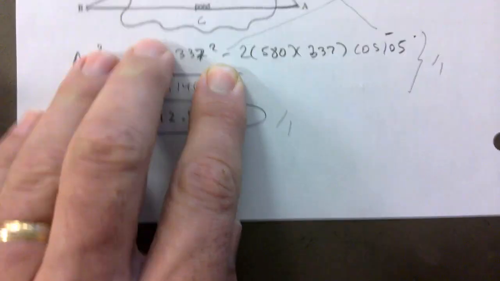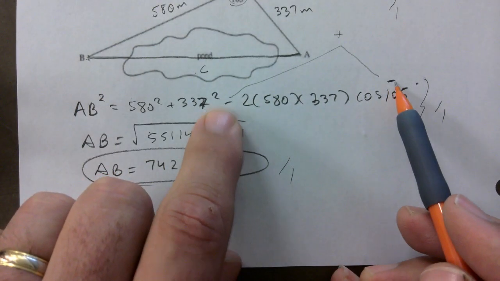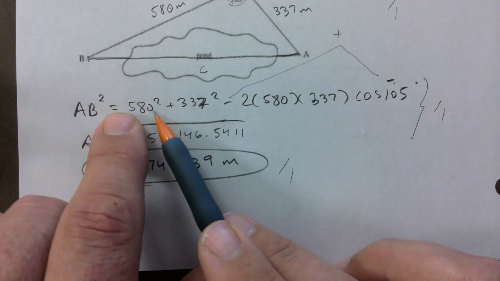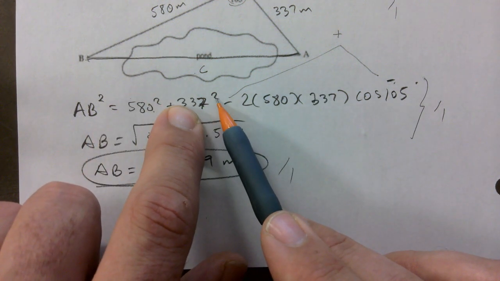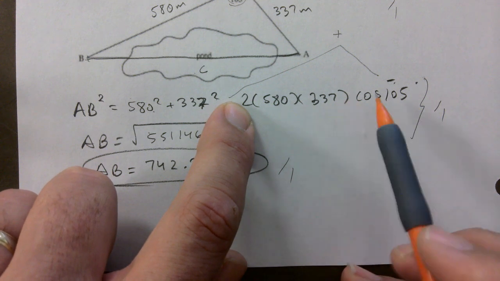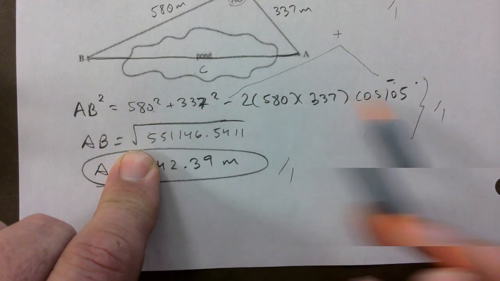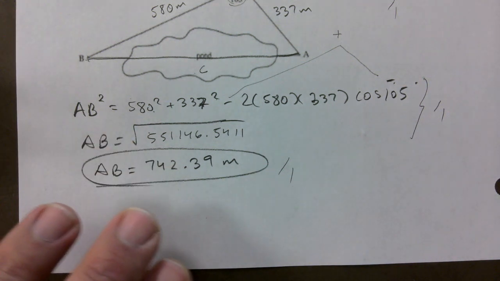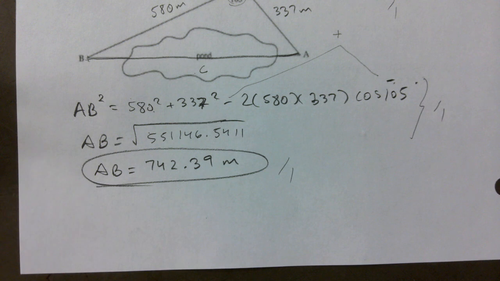So really, if you're doing this in steps, you have to go this squared plus this squared plus all of this, depending on how you type it in. If you type it in one shot, you don't have to worry about it. It's all going to be taken care of for you. So you just have to watch out for that.